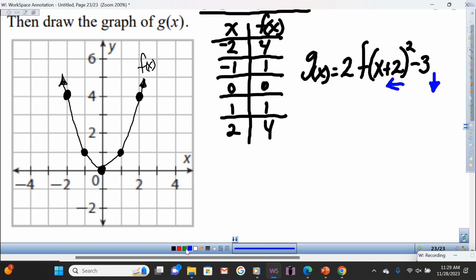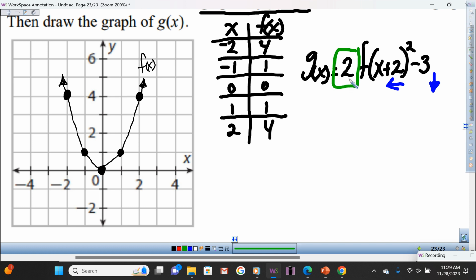But here's what I need to focus on. Look up. What does this 2 do to these 5 points? What does that do? It's a whole number. You guys remember? Looks like Anthony's got it. What do you think, Anthony E?